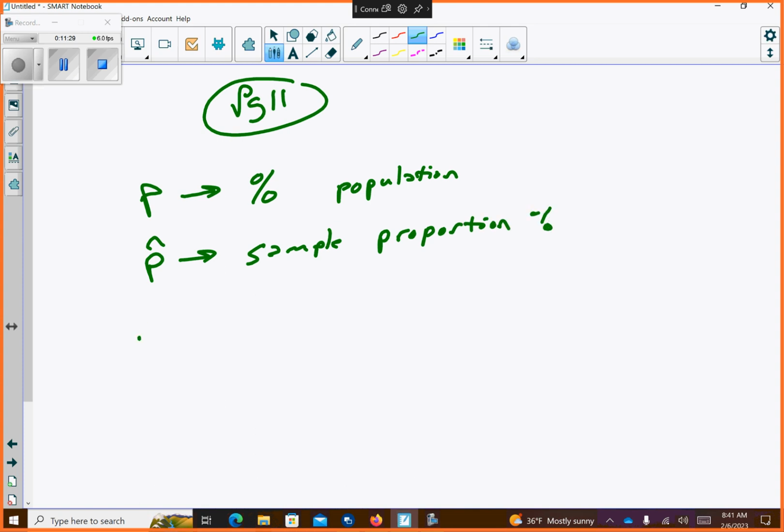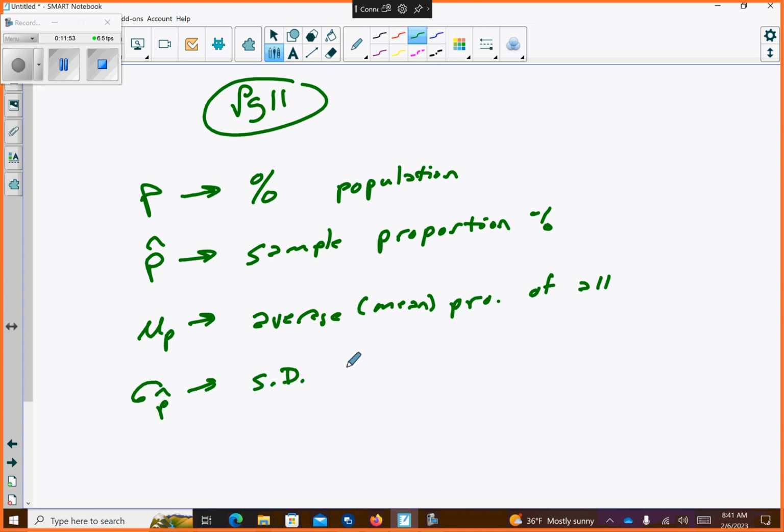And then we have mu at P hat, which is the mean proportion of all possible random samples. And then you have sigma at P hat. That's going to be the standard deviation of the proportions of all possible random samples.